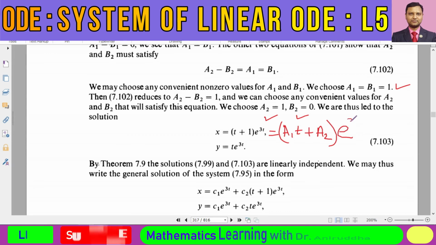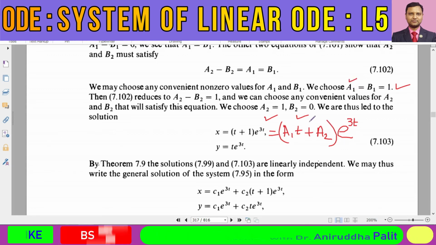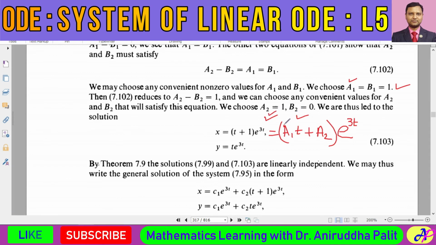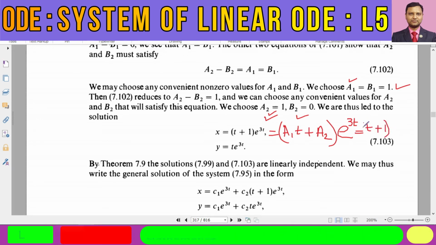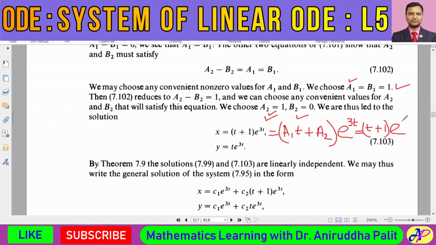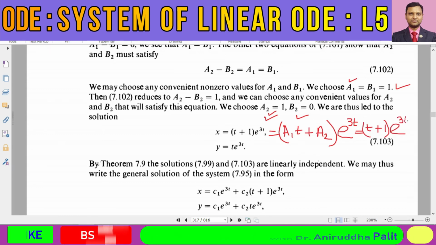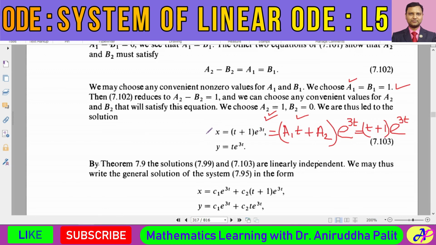That was our choice. If we put A1 equal to 1 and A2 equal to 1, this expression would simply be equal to (t plus 1) into e to the power of 3t. Got it? So in this way we will get the second expression of x.